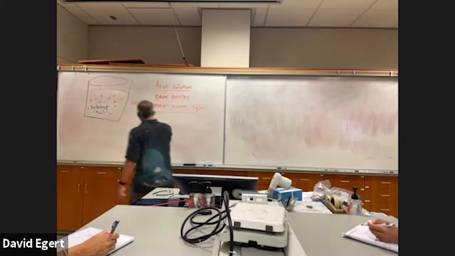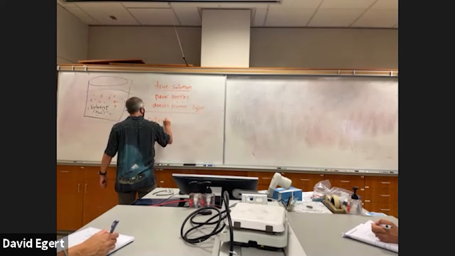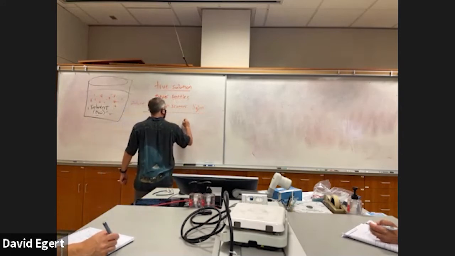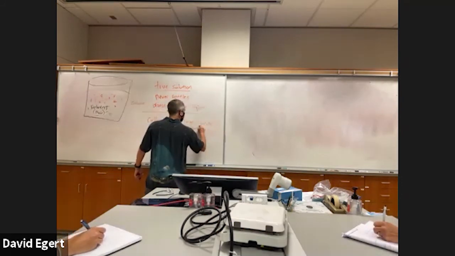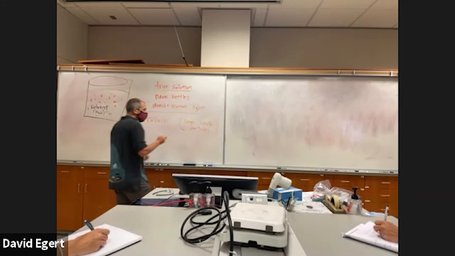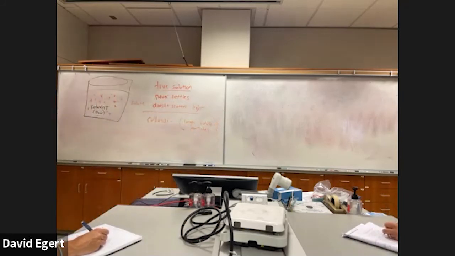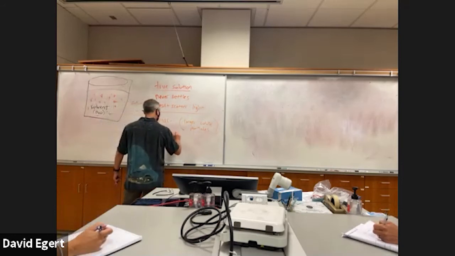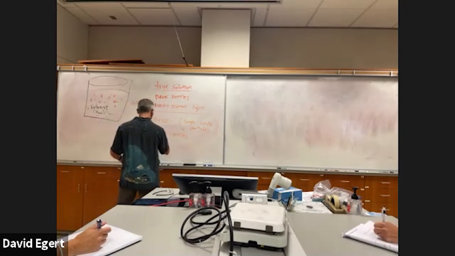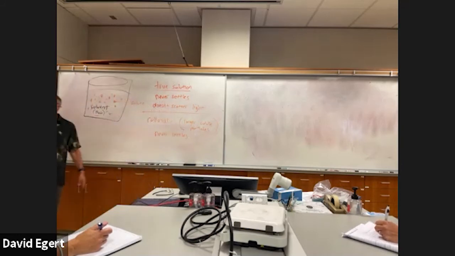We also have what are called colloids. These are usually larger solute particles. So we still have the condition where the solute never settles. But you do have scattering of light. They tend to look milky.